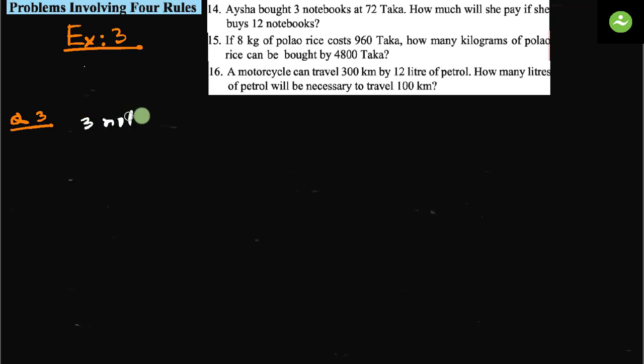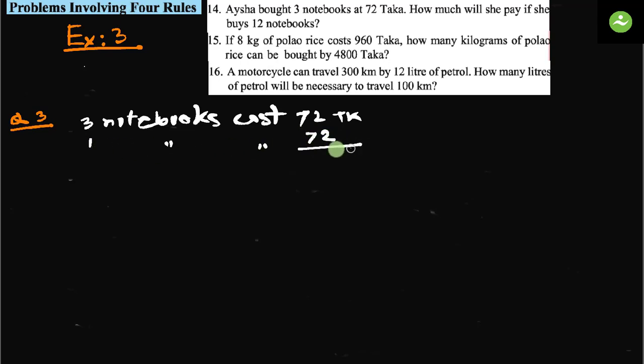3 notebooks cost how much? 72 taka. One notebook's cost should be less, so the 3 will go down here, 72 goes up, and for 12 notebooks the cost is 12 into 72 over 3.